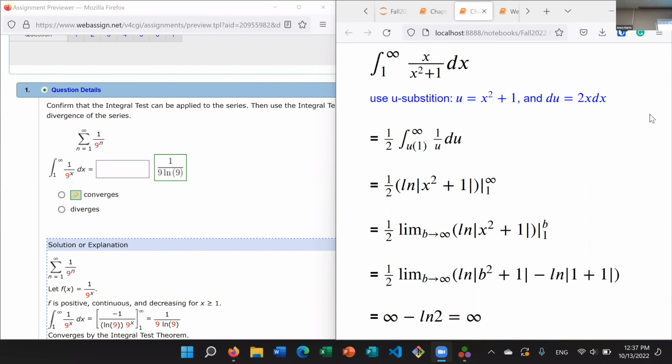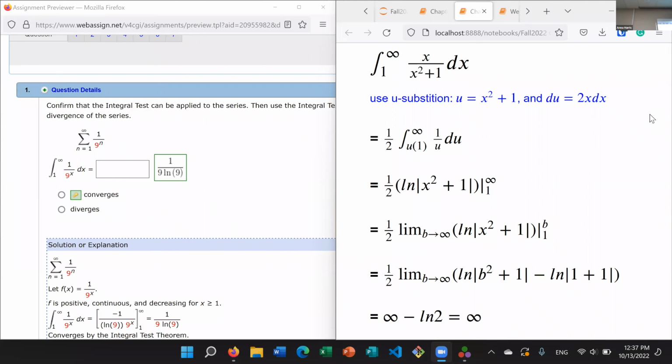I'm not changing my problem, I'm just manipulating. In calculus and algebra class, you do a lot of algebraic manipulation. I put a 2 in the numerator and a 2 in the denominator. So I need a 2 here. Now this becomes du. Does everybody see that?